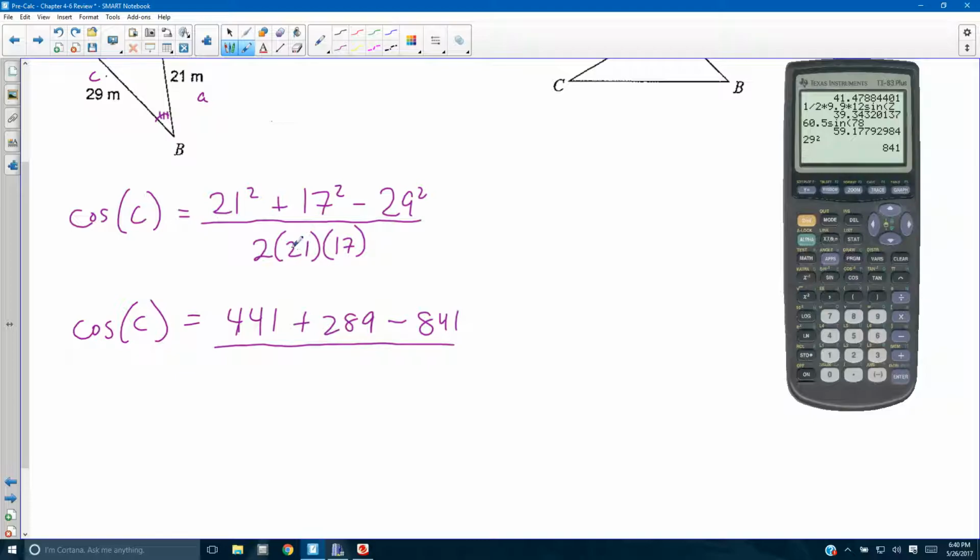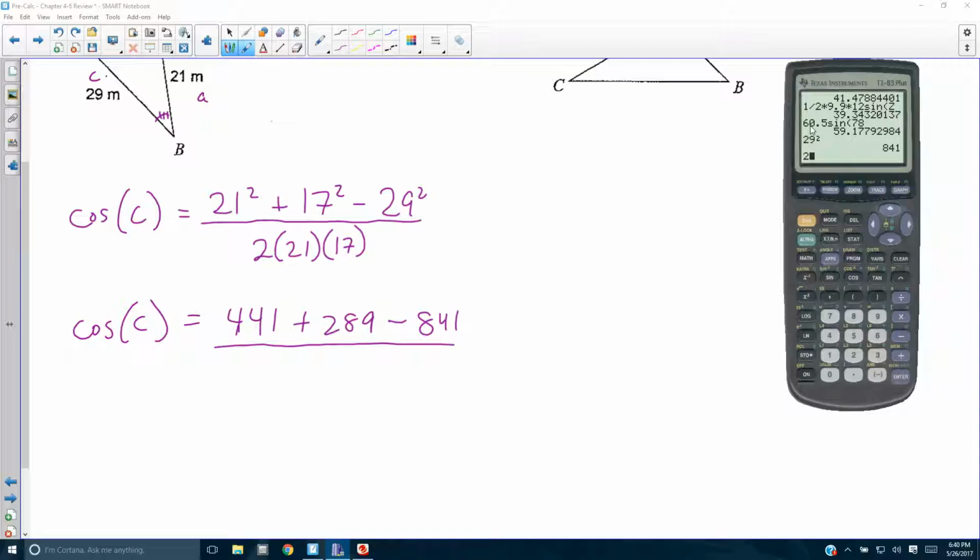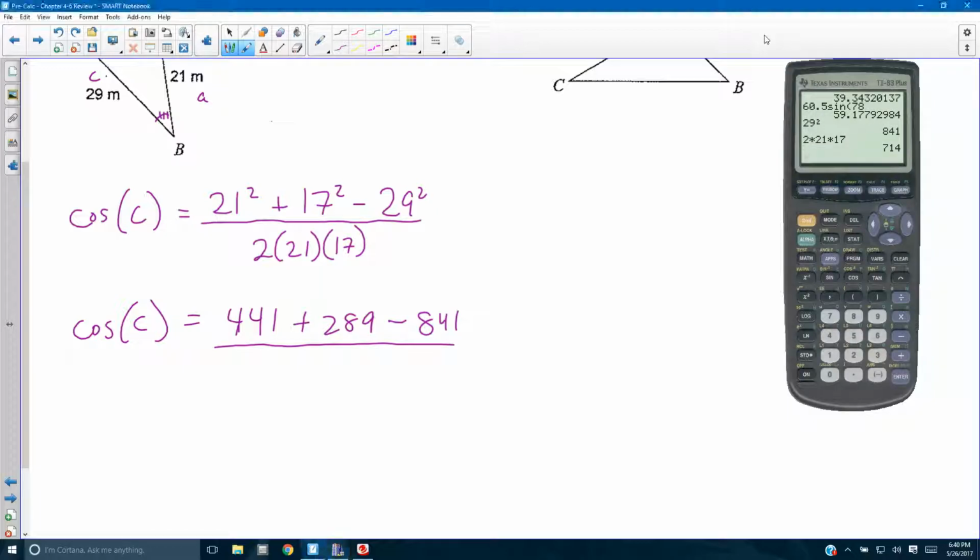For example, how about 34 times 21? 2 times 17 is 34. 34 times 20 is 680, plus another 34 is 714. Let's try that. 714. Babe Ruth, that's how many home runs he hit in his career. There we go, 714.